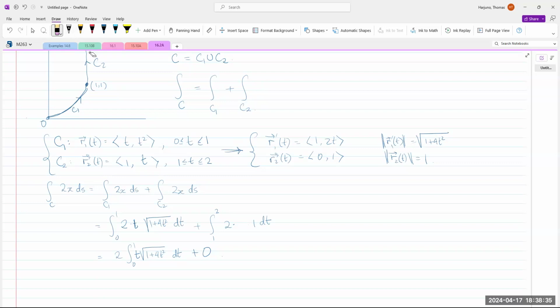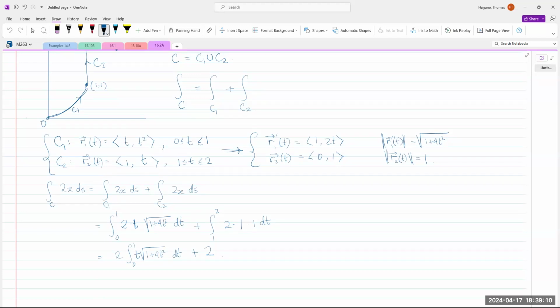Ah, good thing I checked again. So this is 1 here. Oh, then it's supposed to be 4 there. Is it 4? What am I doing? No, it's from 1 to 2, so not 4. My bad. It's 2 times the length, which is 1, so it's just 2.